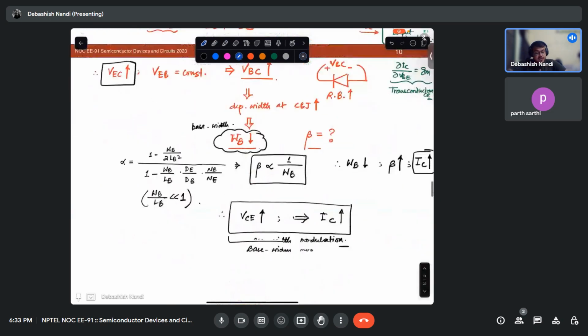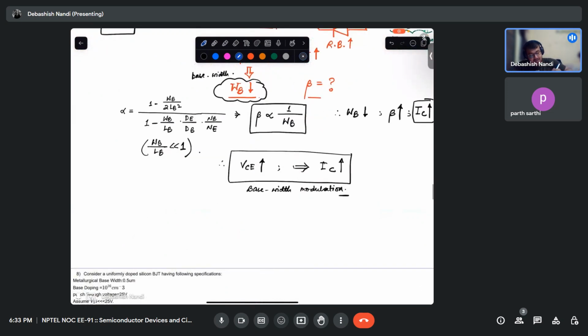Now, if base width modulation increases, that means DIC over DVCE increases, or in other words, if I change my VCE by a small amount, my IC will now be much higher. So this will lead to an increment in G out.